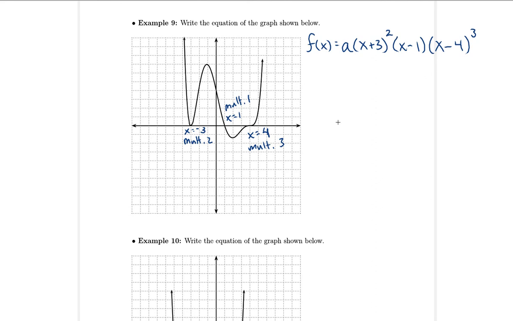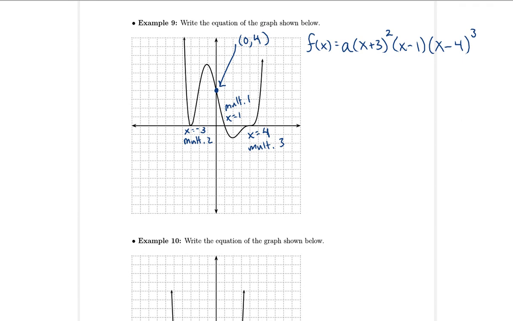Now, in order to actually write the equation for this graph, we can't just keep an a in here, right? We need to know what number it is. But we can figure that out, and the reason we can figure that out is because I can see right there that 0, 4 is a point on this graph.